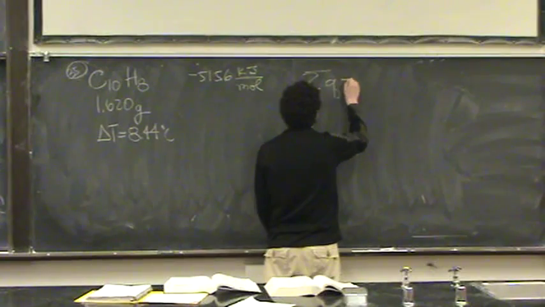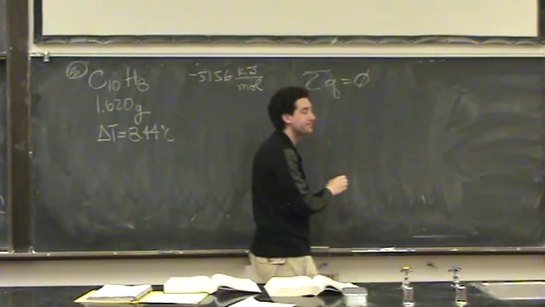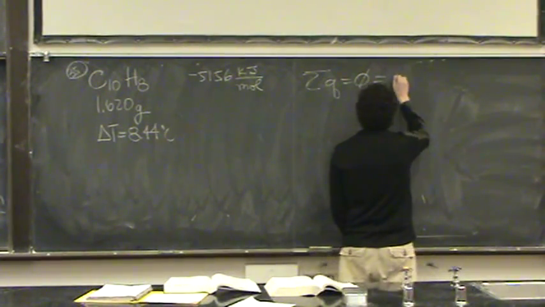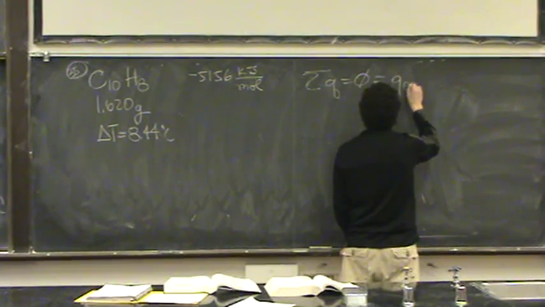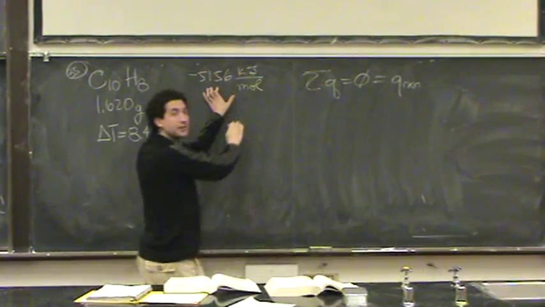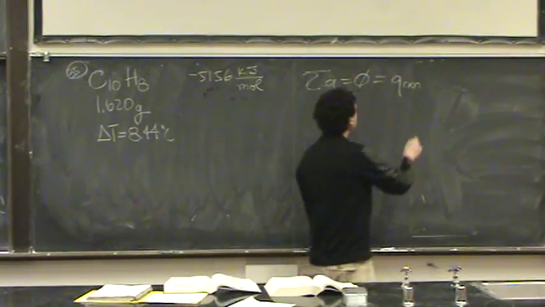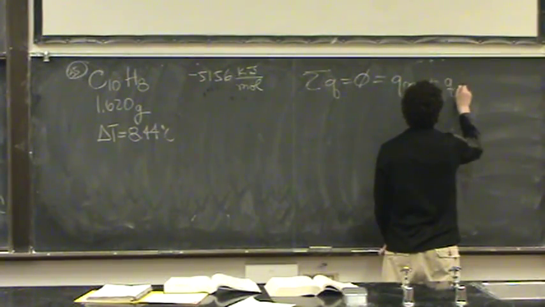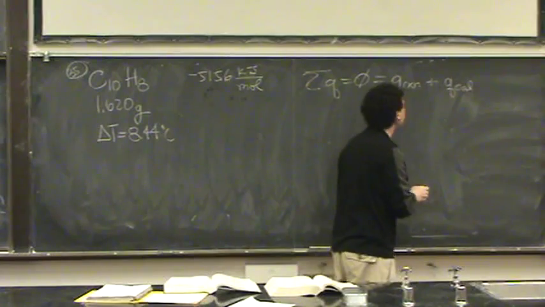sum of the Q's equals 0. So there's the Q for the reaction. That's this thing right here. And then the Q for the calorimeter, the bomb calorimeter.